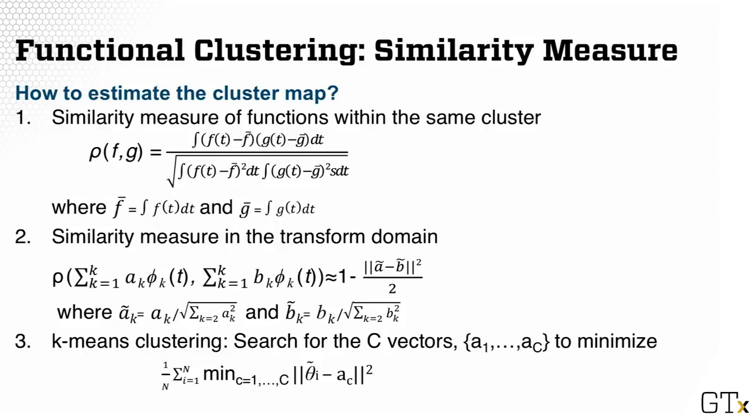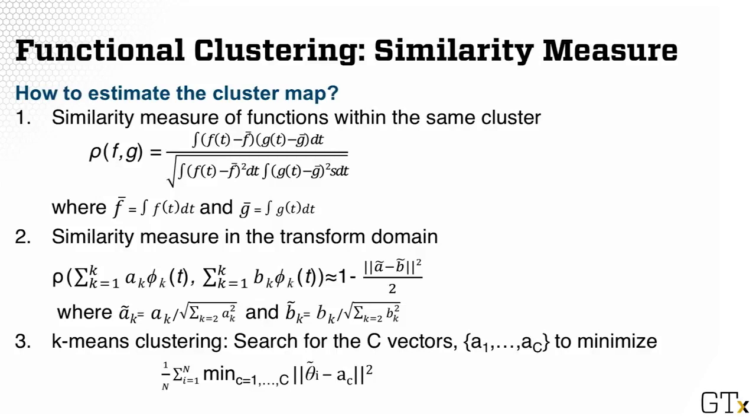Moreover, many clustering algorithms apply under the Euclidean distance between two objects, for example, the k-means clustering algorithm. To address these challenges, alternatively, we can cluster the transformation coefficients theta hat instead of the random functions.